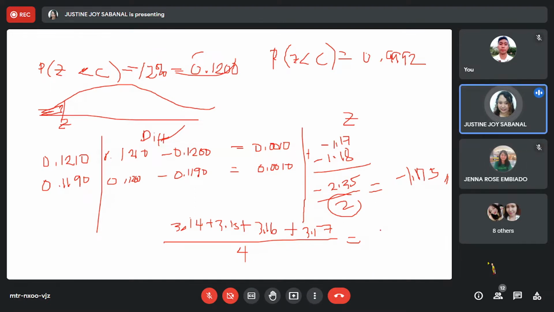Okay po, that is correct. 12.62 divided by 4. Okay. 3.155. Ayan. So, yan na yung magsaserve as the z-score for that certain probability.